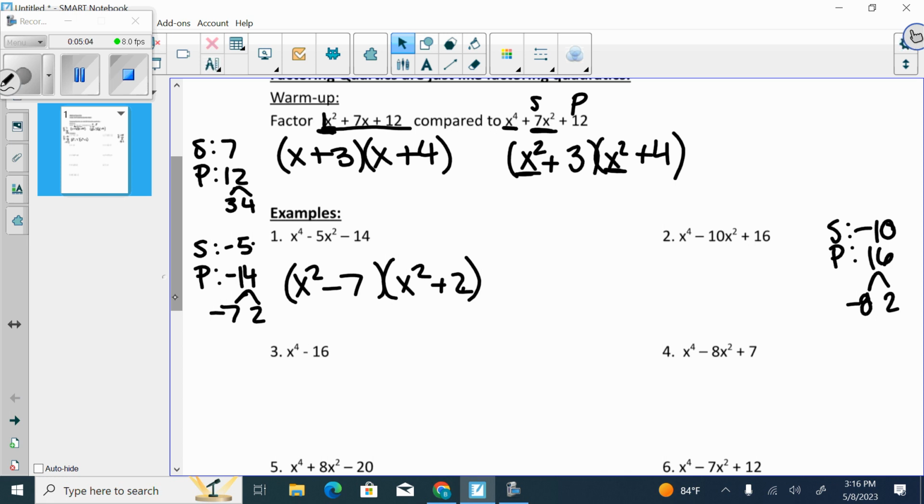You think it's a positive 2? So negative 8 times, right, that would have given us a negative when we multiply it, right? So that wouldn't have worked. So they have to both be negatives to multiply to give us a positive, and then negative 8 minus 2 would give us that negative 10. All right, so I make my parentheses, but instead of x, I have to put x squared, good. So I'll have x squared minus 8 and x squared minus 2.